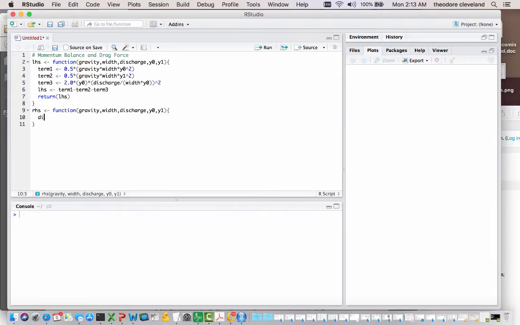So this is equal to discharge squared divided by width times y1, discharge squared divided by width times y0.